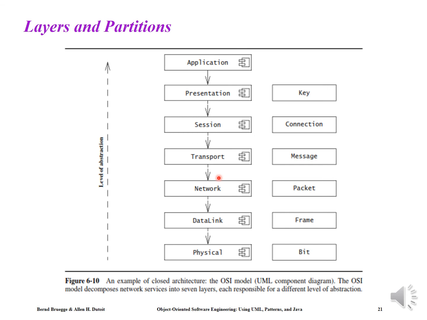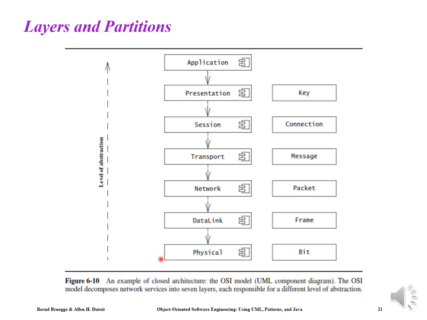In addition, each layer provides its services by using services of the layer below, as indicated by the arrow. Closed architecture means that a layer is using services of the layer immediately below it.